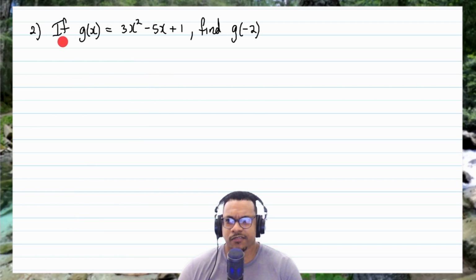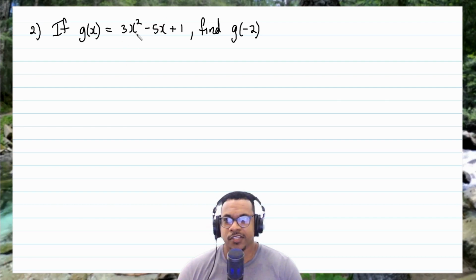So in this question we have if the function g of x, where g is the name of the function, the variable is x, is equal to 3x squared take away 5x plus 1, we want to find what is g of negative 2. So I'll be replacing the x here with negative 2, which means I'll have to replace all these x's with negative 2.